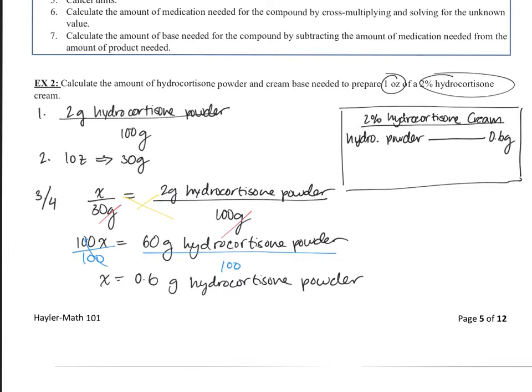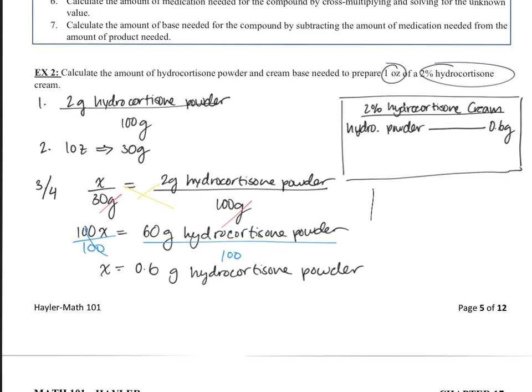And then, to find the cream base, what we need to do for step 7, let me squish this in here, step 7, we're going to subtract the amount of hydrocortisone needed from the amount of the product we need. So we know that we need 1 fluid ounce, right? That's what we were trying to find. But we translated 1 fluid ounce into 30 grams.